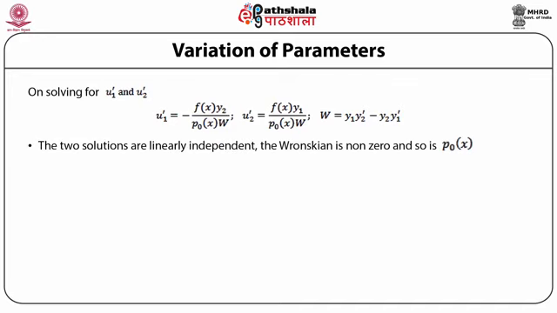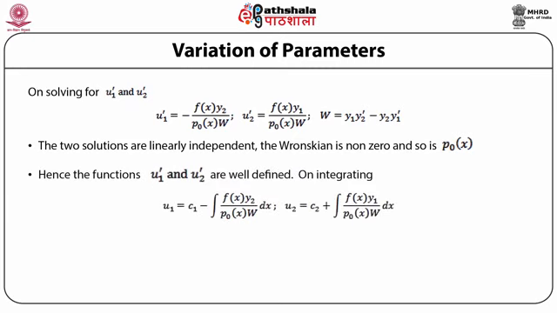Since the two solutions are linearly independent, the Wronskian is non-zero and hence p0(x) is also non-zero. Hence, the denominator in the above equations is non-zero as well.